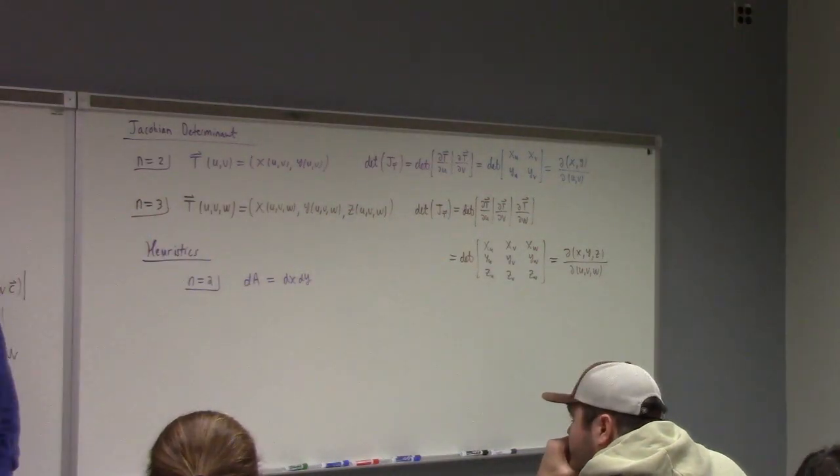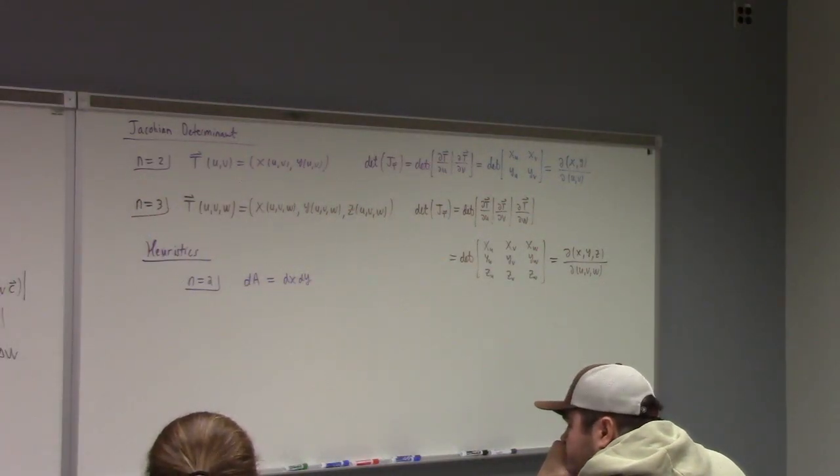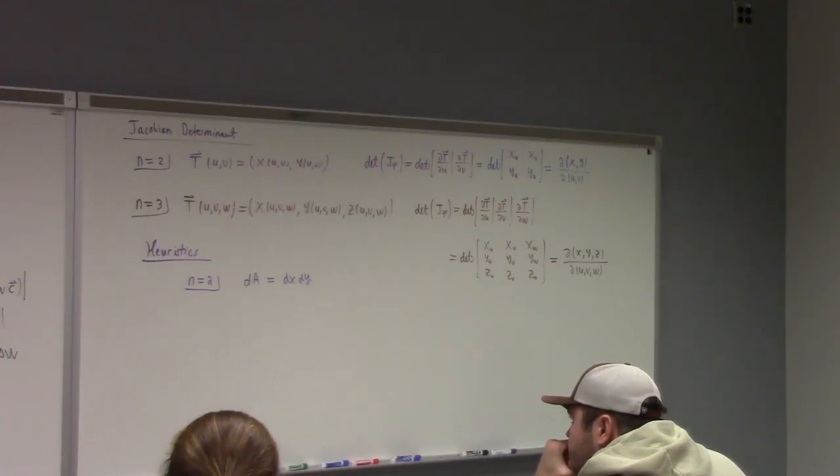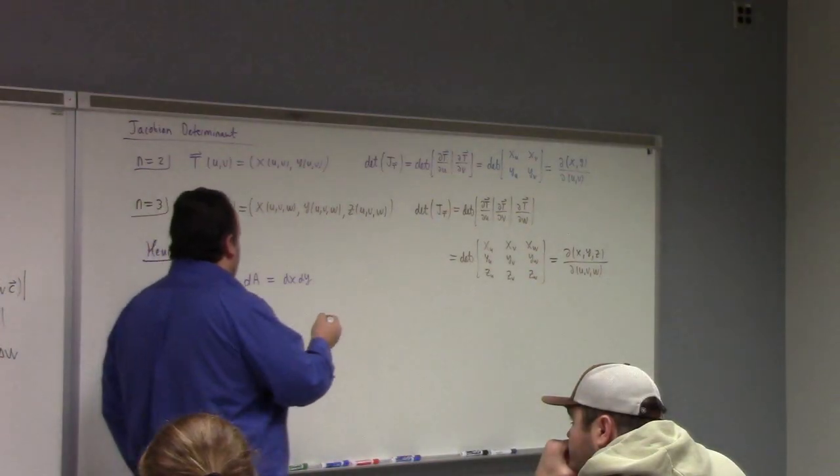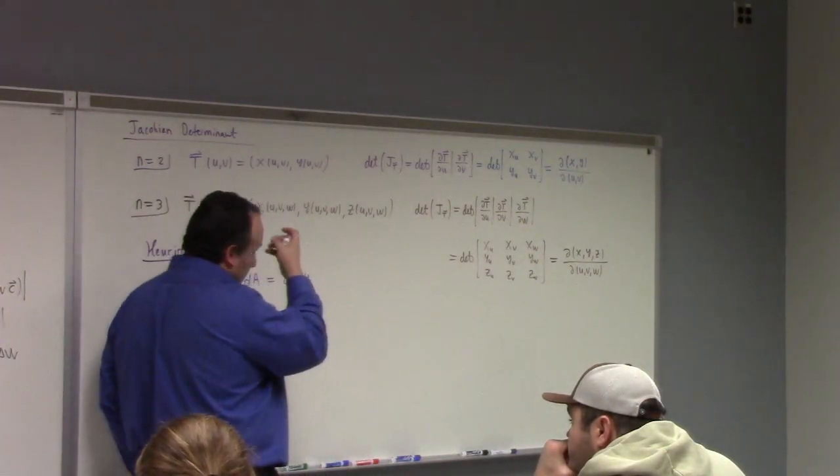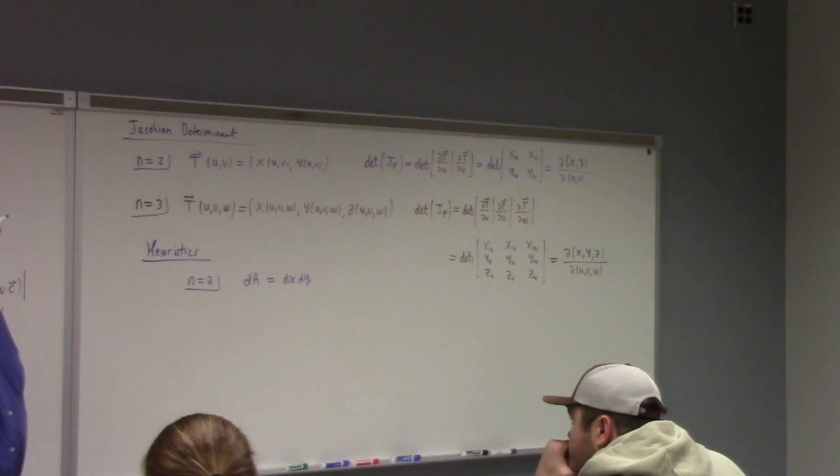That's what the infinitesimal area looks like in Cartesian. What's a heuristic? It's a mental guide to remember a pattern. So dx dy is the infinitesimal area element in Cartesians.